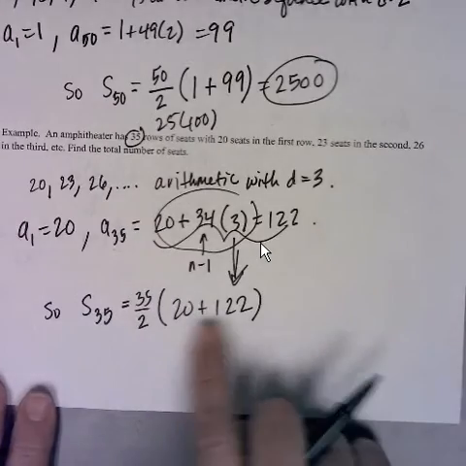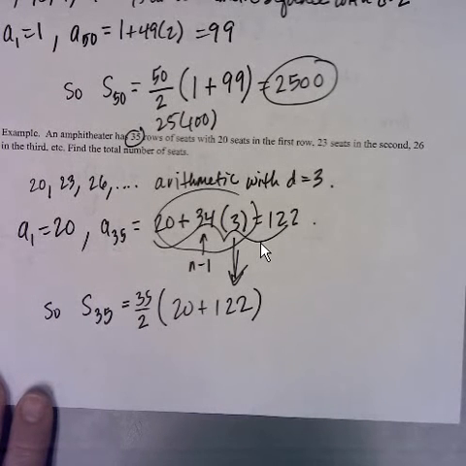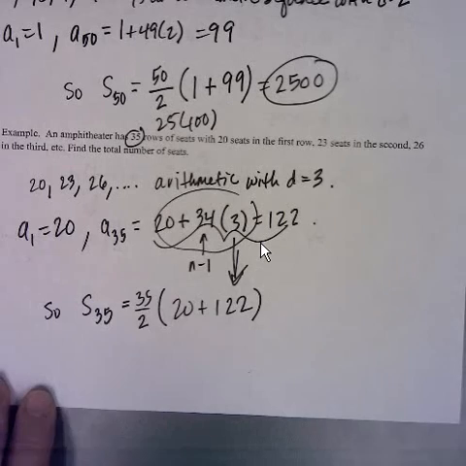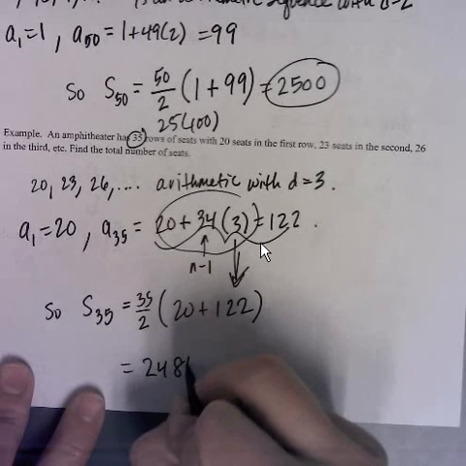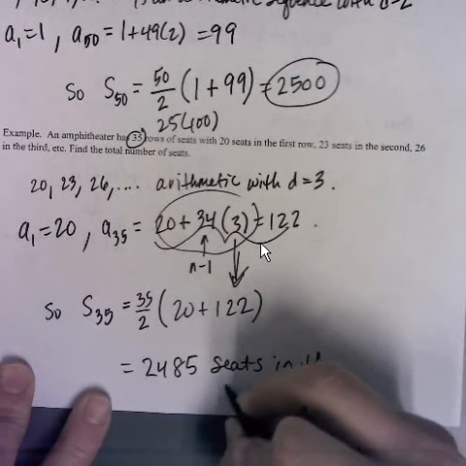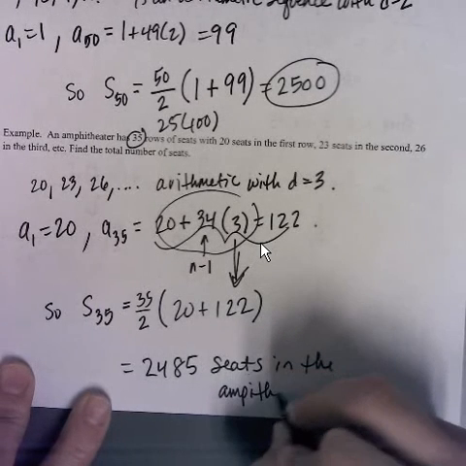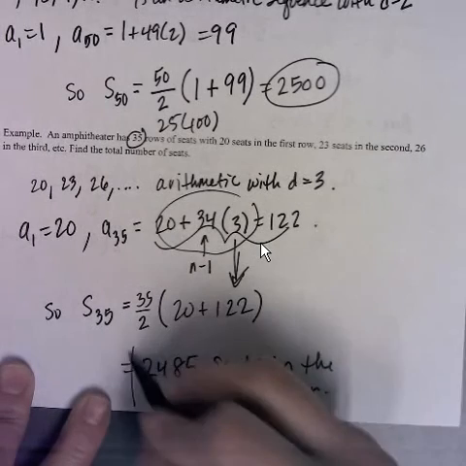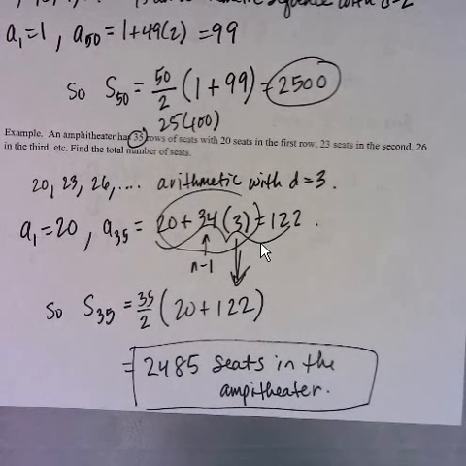All right, so 142 divided by 2 times 35 gives 2,485 seats in the amphitheater. All right, so that's it for arithmetic sequences. In the next section, we'll talk about geometric sequences.